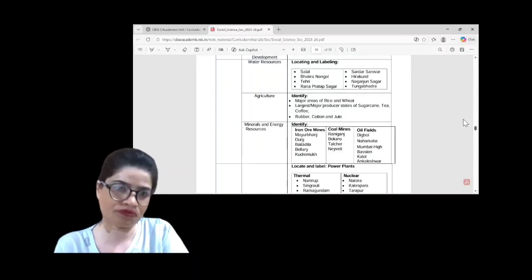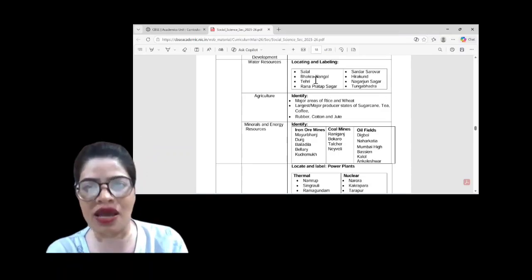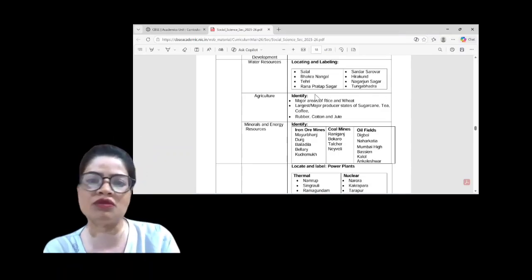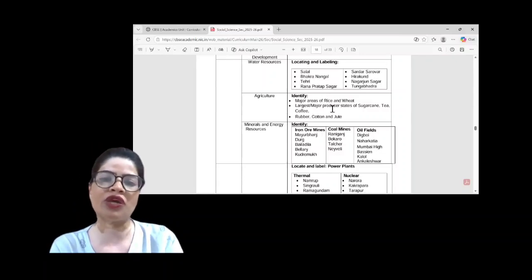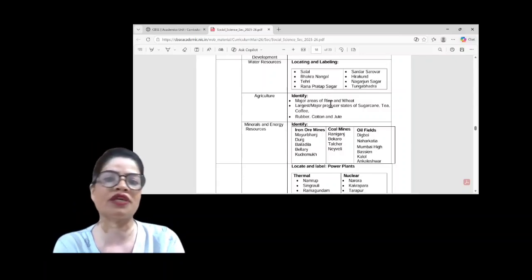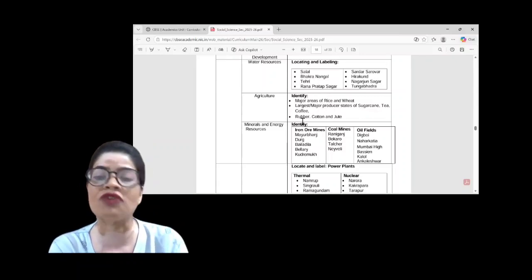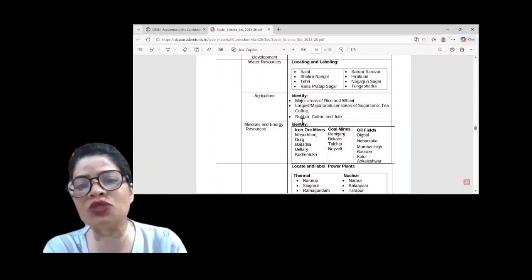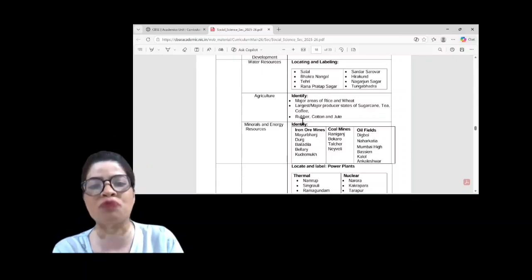Then comes your water resource, from where you have to mark these dams. These dams always come in your exam, so you need to practice these. Then agriculture, where you have to identify major areas of rice and wheat, major producer states of sugarcane, tea, coffee, which is given here. Only those crops we need to remember, we need to mark, we need to practice.